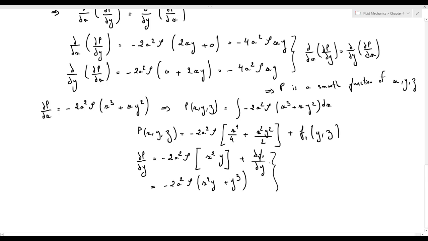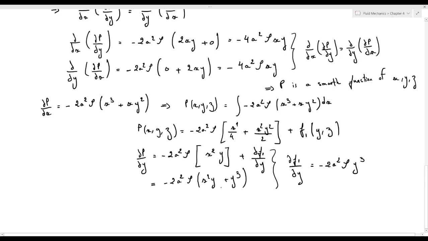So using this identity we can obtain an expression for ∂f1/∂y. In this case ∂f1/∂y will be equal to minus 2a² ρ y³.